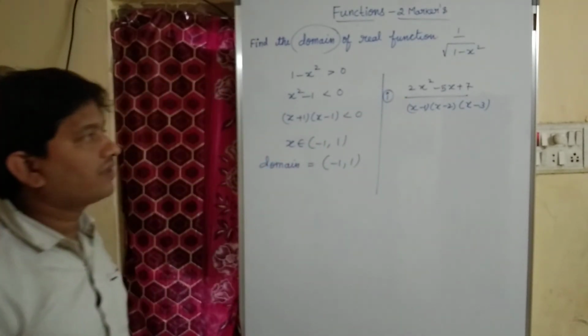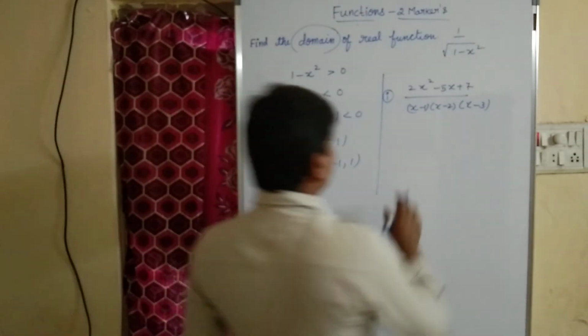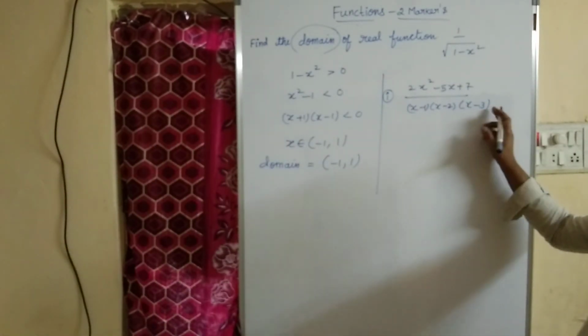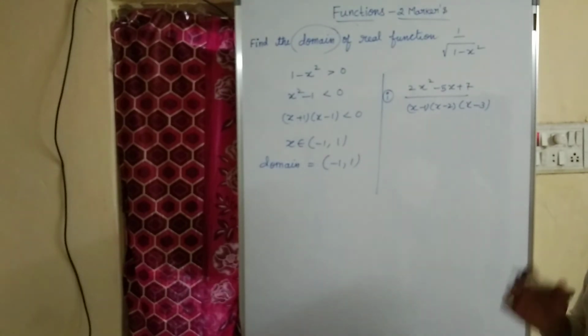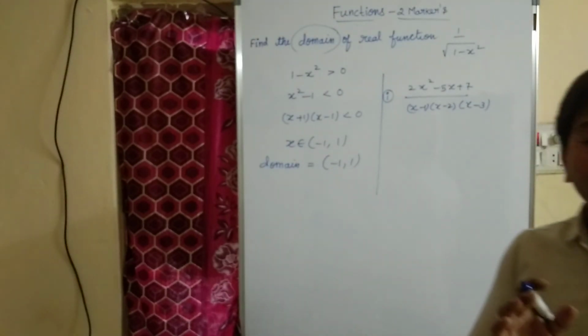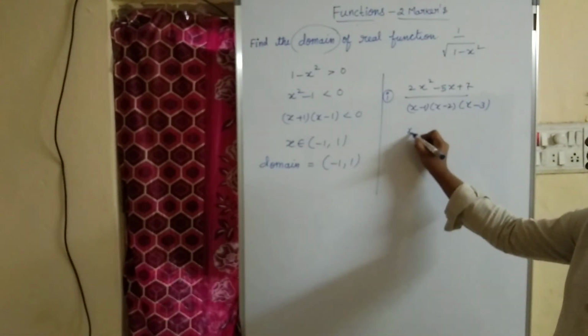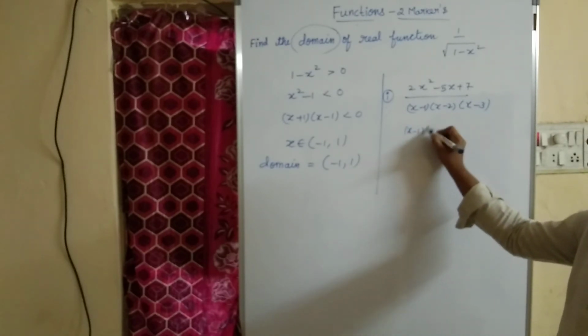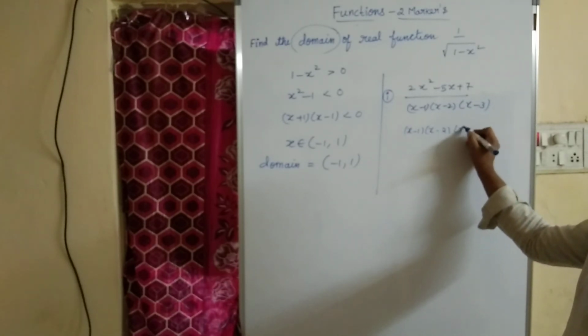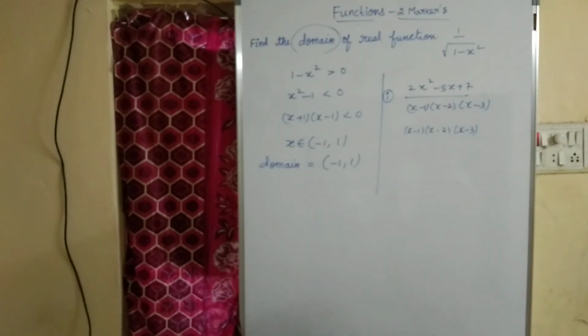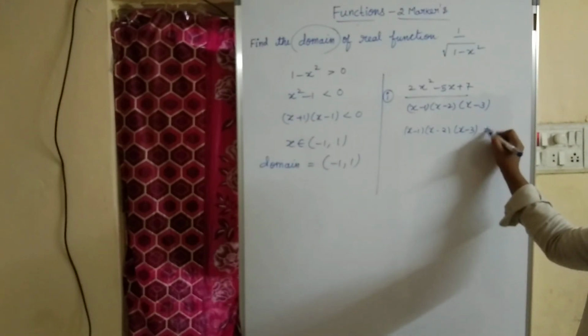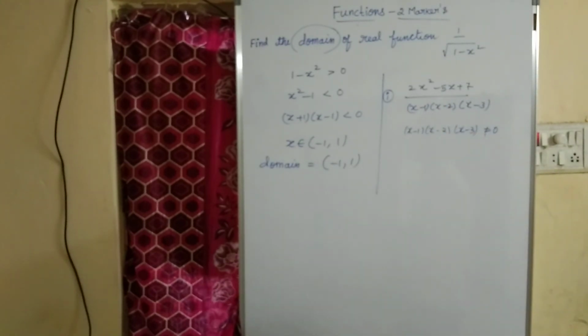Already we know that the denominator should be not equal to 0, then only we can define a function. Our denominator is x minus 1, x minus 2 and x minus 3.